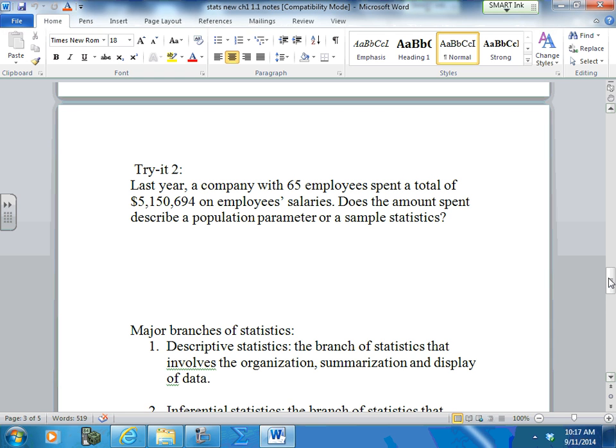No. So if this is all the employees that company has, then it's a population. A company with 65 employees spent a total of over $5 million on their employee salaries. You say to yourself, are there more employees in that company? No, that's the population for that company. So therefore, this piece right here is a parameter.